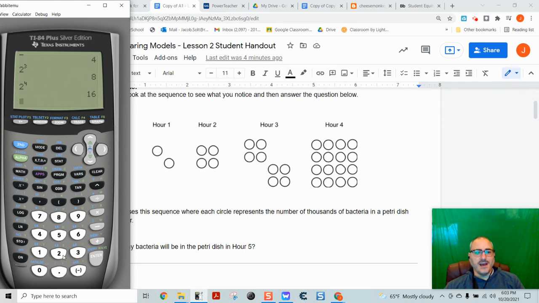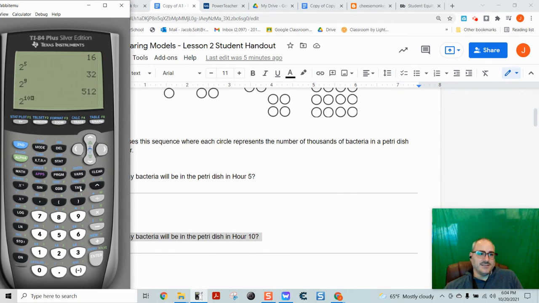So to find hour 5, I could just do 2 raised to the 5th power. And 2 raised to the 9th power will be that 512 we saw. Then 2 to the 10th power will give us the answer of how many bacteria will be in the dish at hour 10. I'll leave you to your calculator on that one.